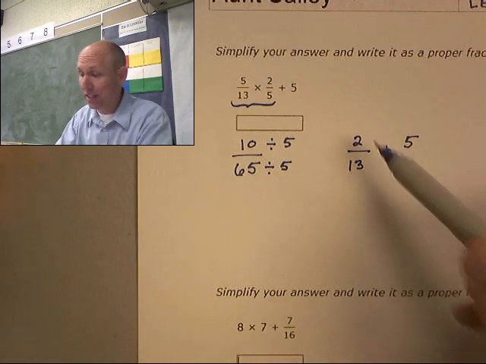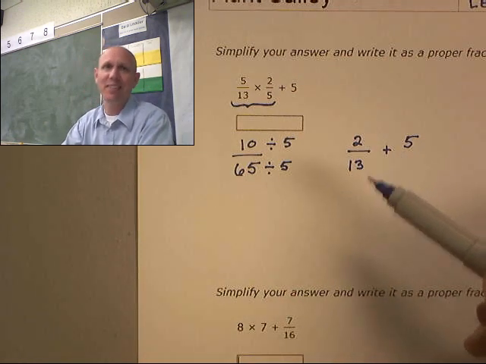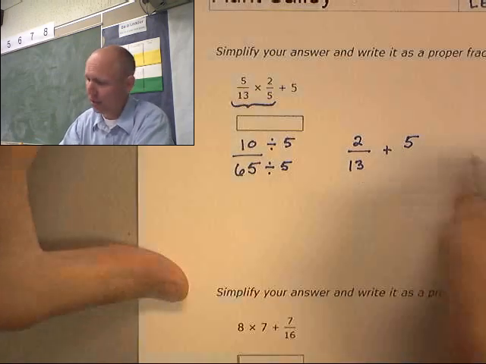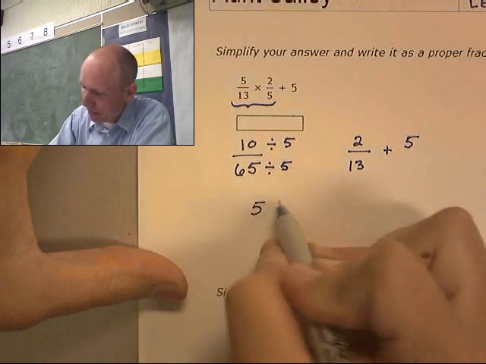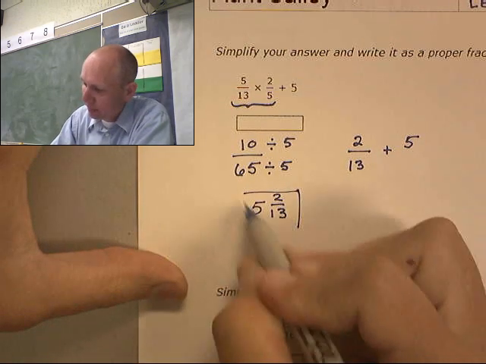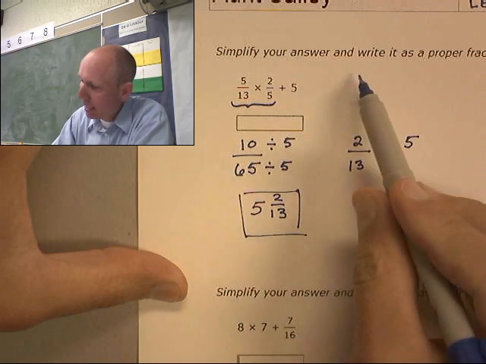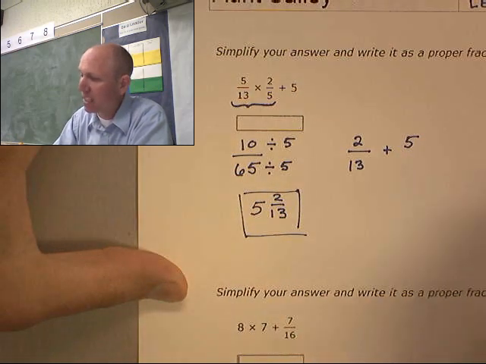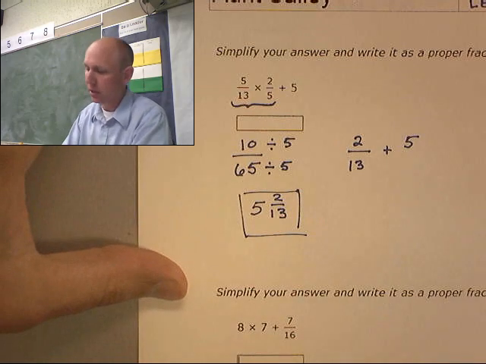If I had $5 and then I gave you 2/13 of a dollar, which doesn't make a lot of sense, but you would have 5 and 2/13. So our answer is 5 and 2/13. And I'm reading the instructions. It wants it as a mixed number or a proper fraction, so that's a good answer.